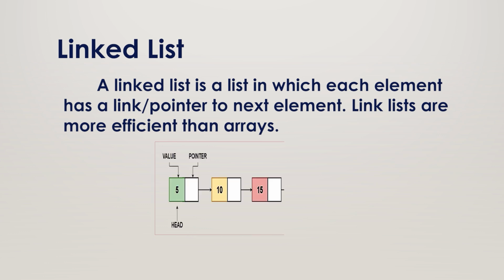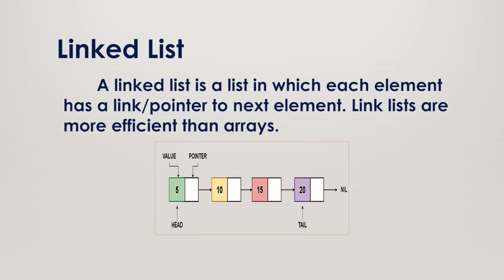So in the linked list, as its name indicates, it is basically a list, but it is linked, meaning there is a linking of the elements, and this linking is in the form of a pointer. The first element's pointer will point to the second element, the second's pointer will point to the third element. In this way, it will go on pointing to the next element.